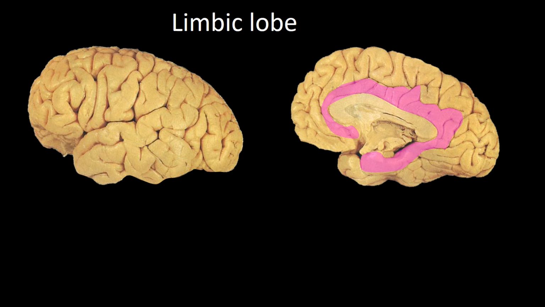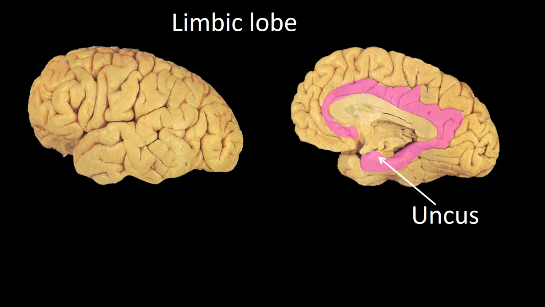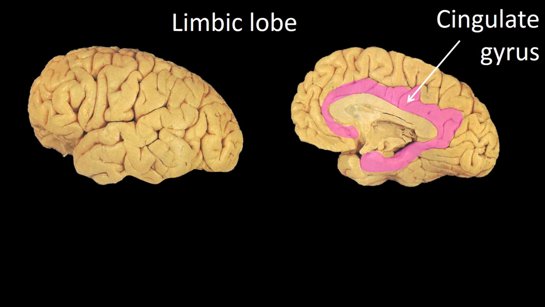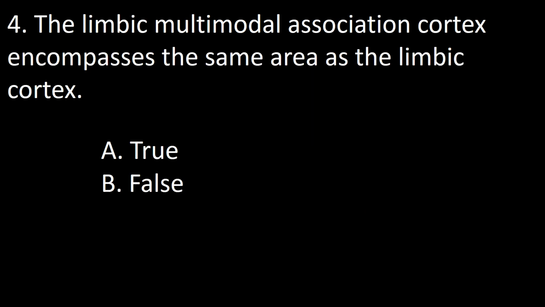The areas adjudicated to the limbic lobe are the parahippocampal gyrus, the surface of the uncus, the isthmus of the cingulate gyrus, the cingulate gyrus, all the way to the subcallosal area. So the answer to this question is B.